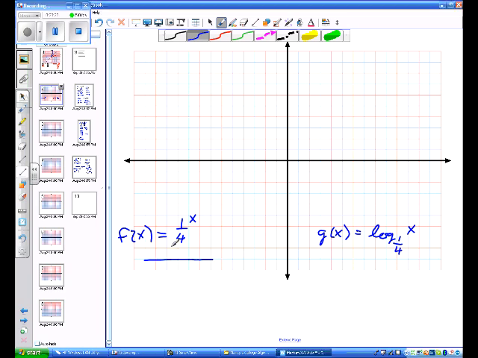We're going to pick our values for x, and so we're going to pick -2, -1, 0, 1, and 2.